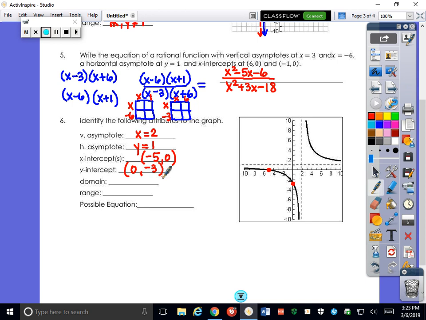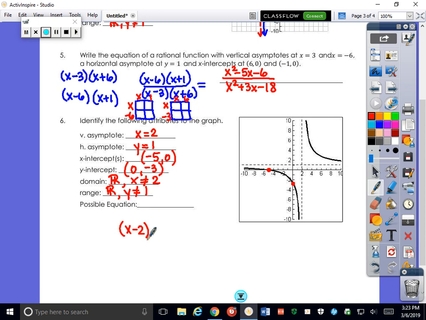Okay. The domain's going to be all the reals. There's no hole in this, so it doesn't matter. And x cannot equal 2. And my range, all the reals, but y cannot equal 1. Okay? And so now the possible equation: if I've got a vertical asymptote at 2, then that means that my denominator was x minus 2.